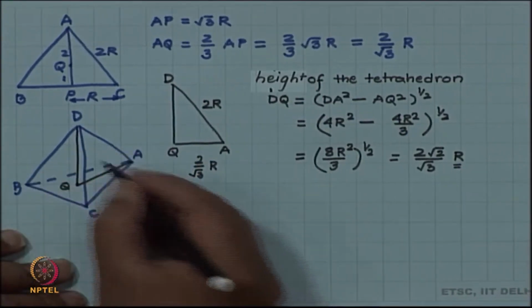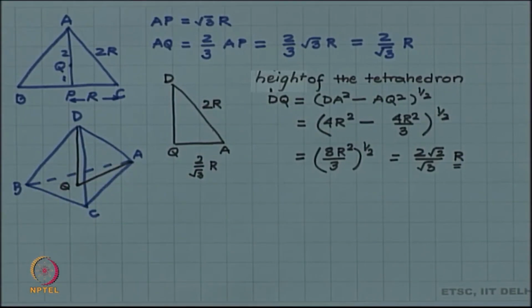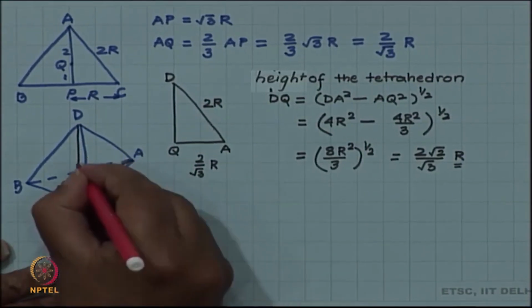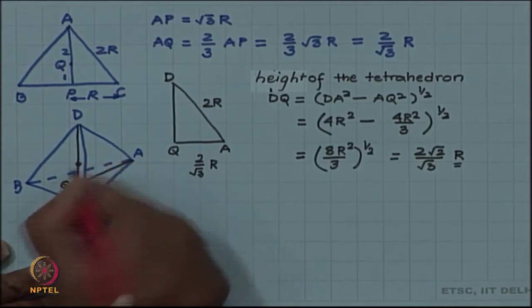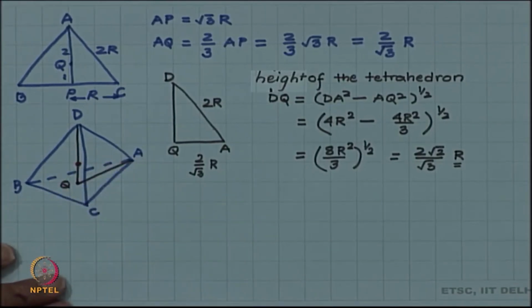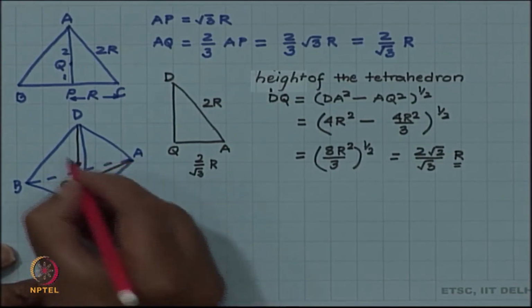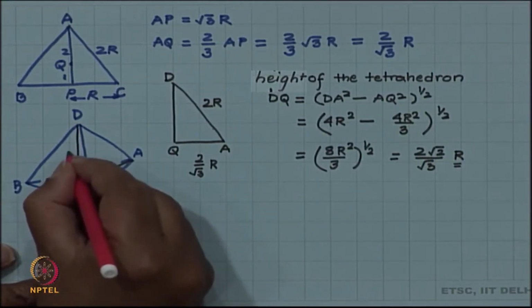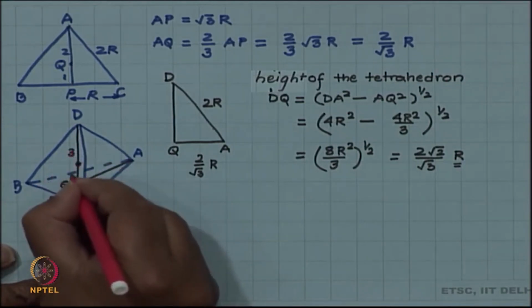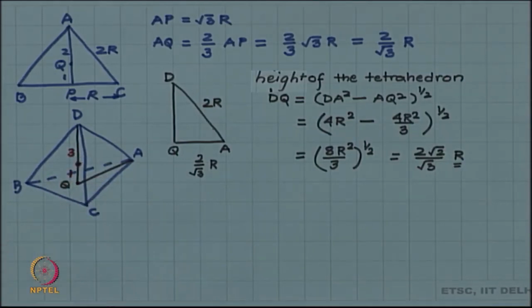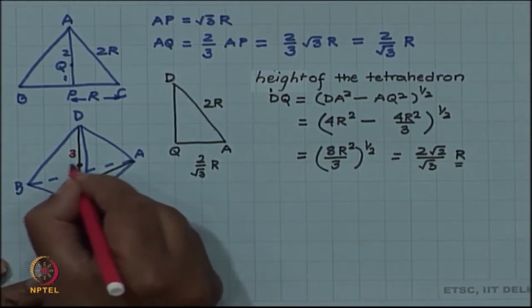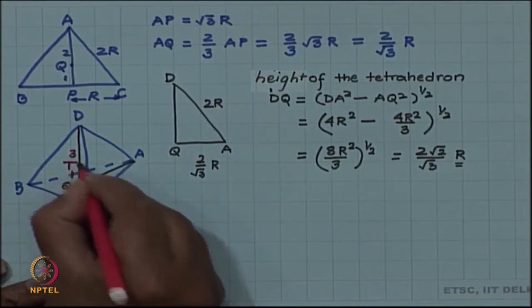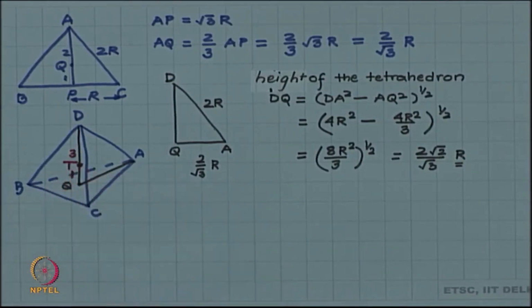Now, the centroid of the overall tetrahedron is located on this height in such a fashion that it divides the height in the ratio 3:1. So, let us call this centroid T. T is the centroid of the tetrahedron.